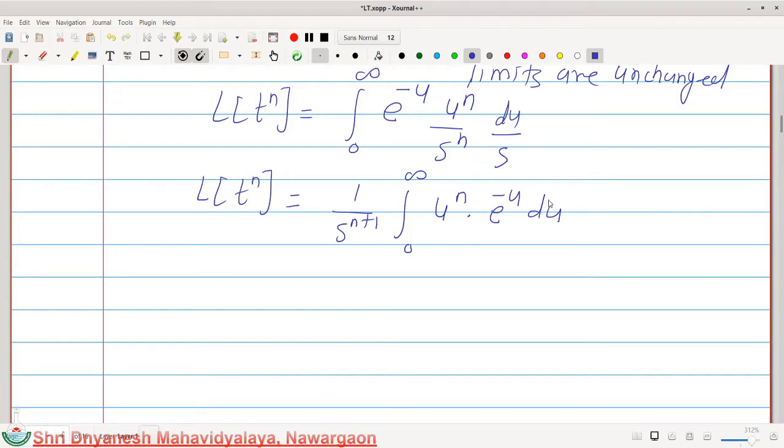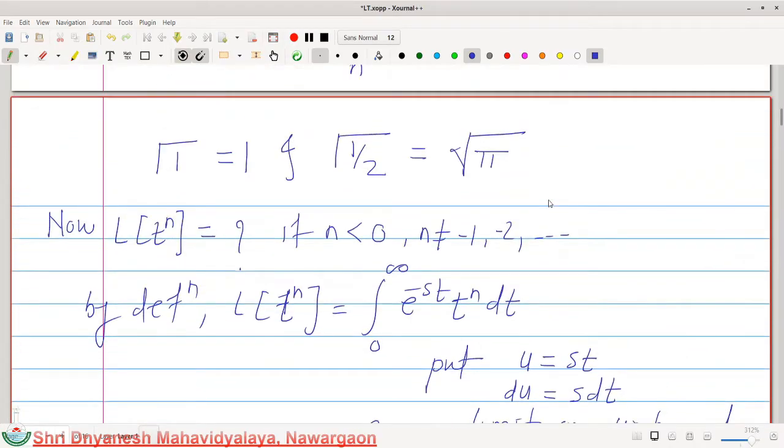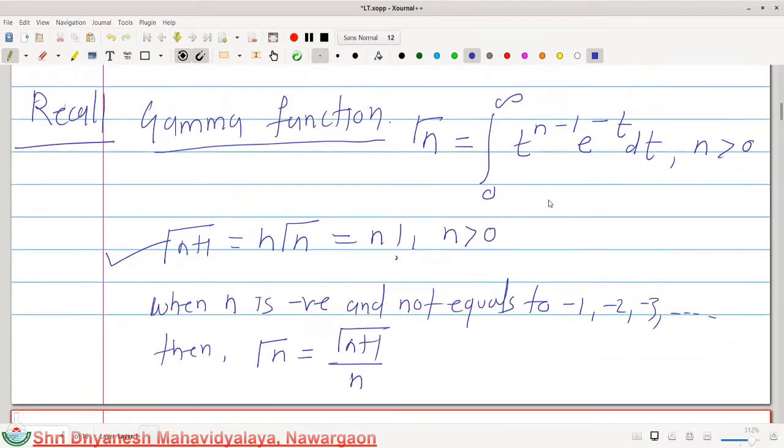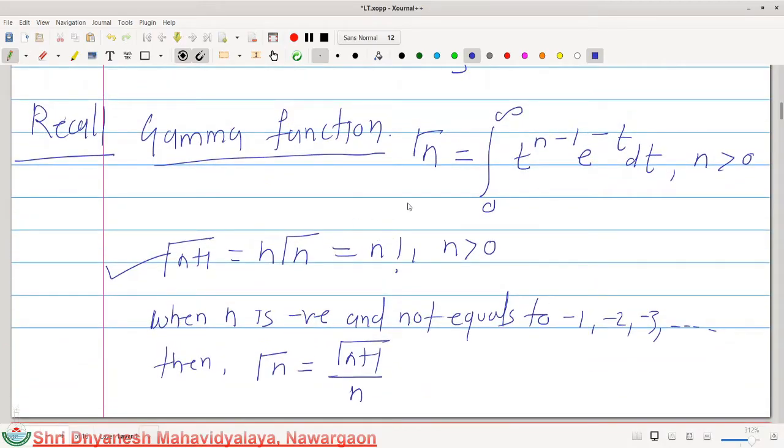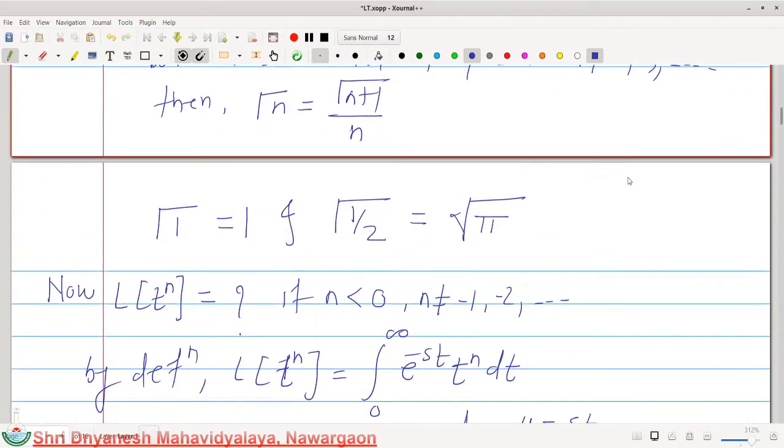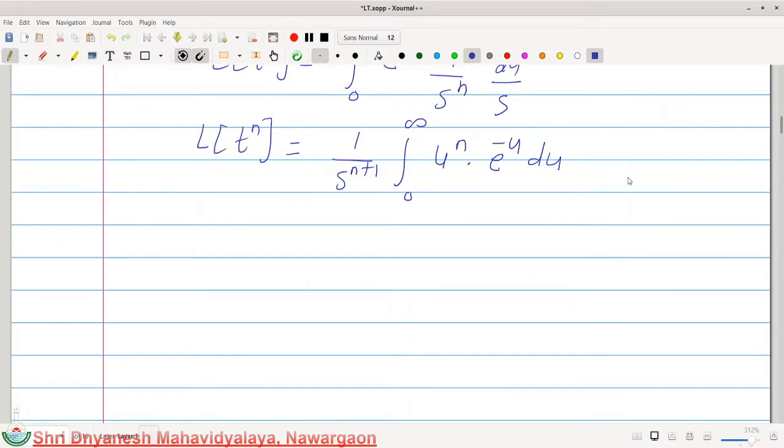Now see the definition of the gamma function. What was that? Gamma n equals integration 0 to infinity t to the power n minus 1 e to the power minus t dt. And what we have in our example is integration from 0 to infinity u to the power n e to the power minus u.